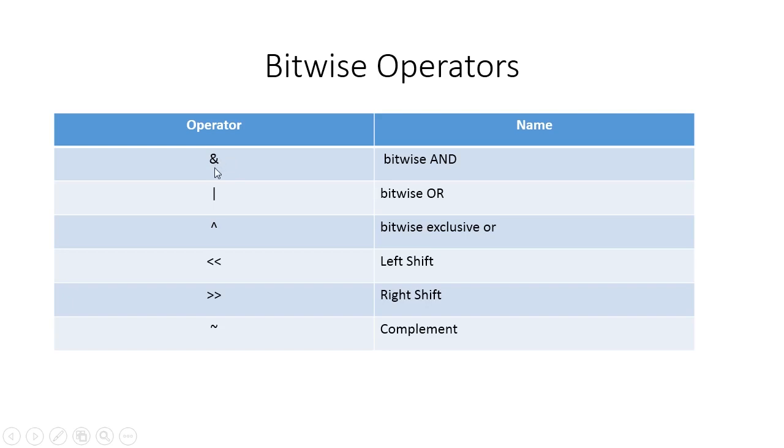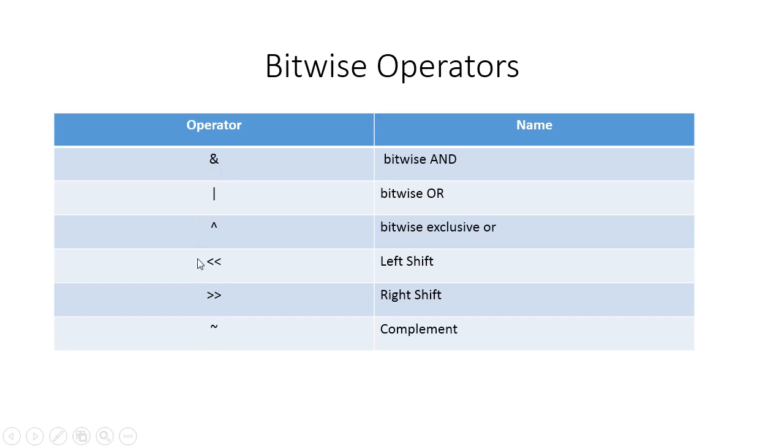Depending upon how you use it, the compiler will understand whether it is an address of operator or a bitwise AND operator. And please be careful, because in mathematics this symbol we might end up using as a power symbol, but in C there is nothing called a power symbol. Instead it is exclusive OR. This is your left shift, right shift, and this is your complement.